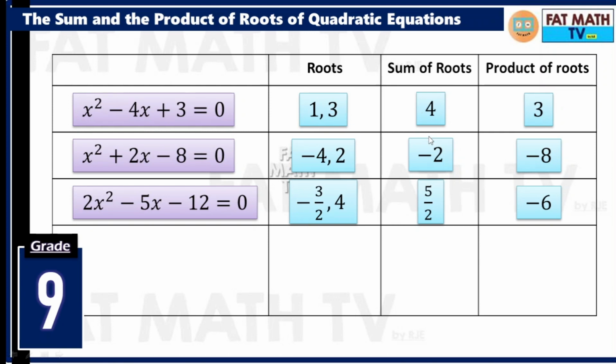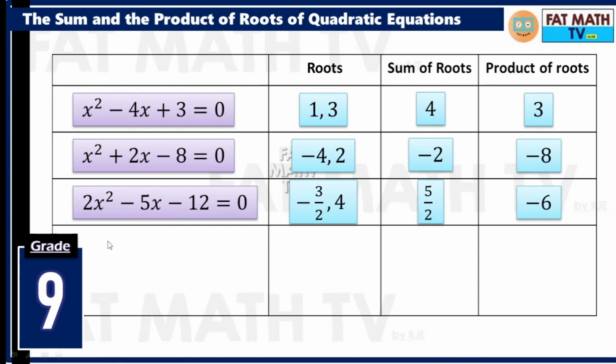We can see immediately from the given equation that the sum of the roots is just the coefficient of x with the opposite sign. In the second example, it's just the negative of the coefficient of x, while in the third one, it's the negative of the coefficient of x, but over 2.